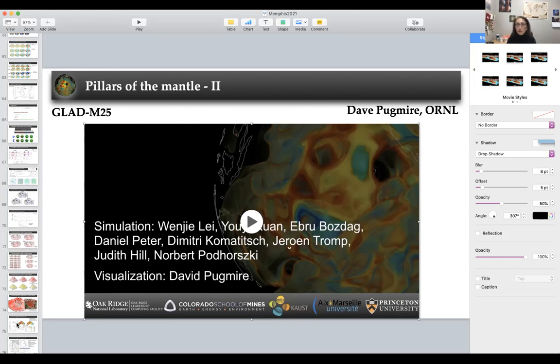So this is how we make some tests. And also in collaboration with Daniel Peter, while I try to attack the real data, one of Daniel's students has set up a purely synthetic experiment to see how well we can recover the Q structure using a realistic data coverage like what we are using in our global inversion.